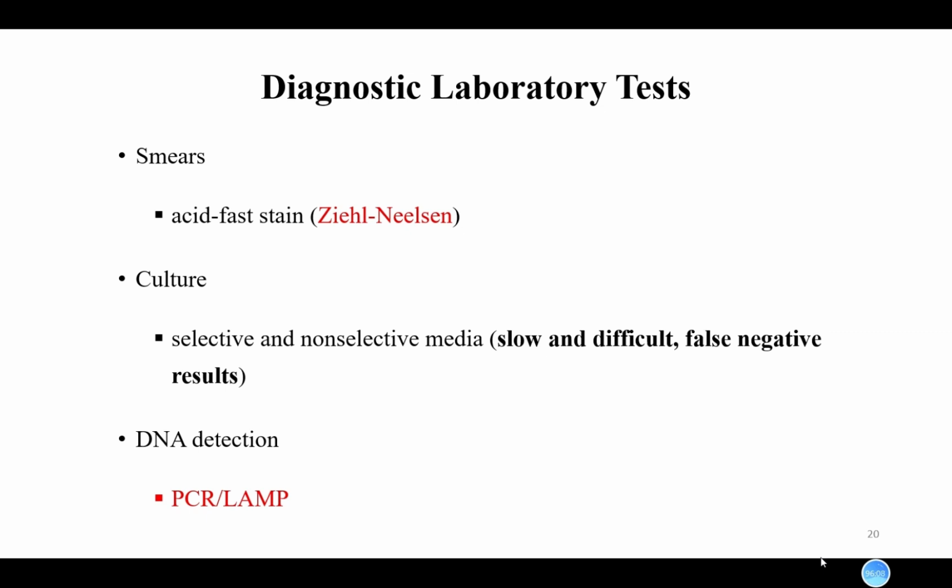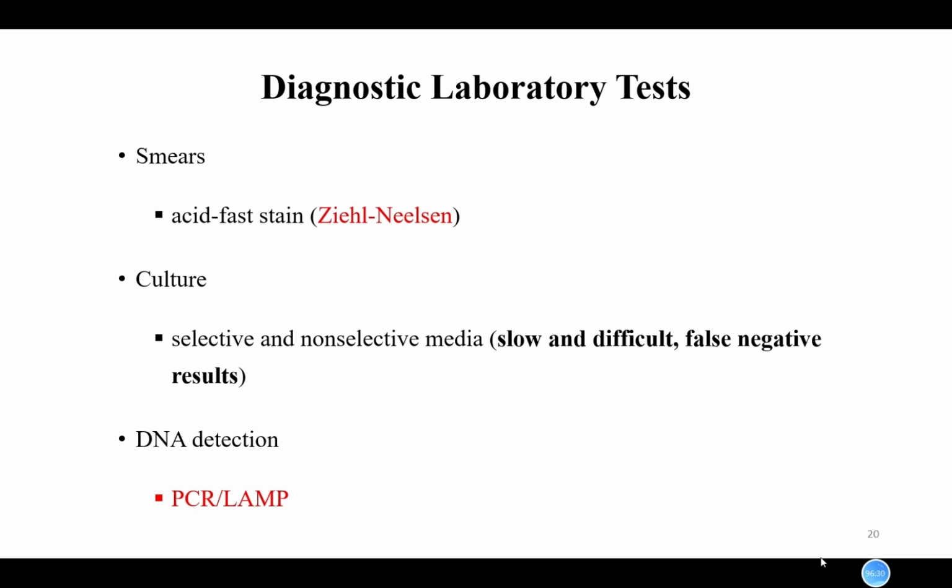And to culture it, I just want to let you know that because the bacteria grows so slowly, it's not easy to culture in the lab, especially from patient specimens. Usually, it turns out false negative. It contains bacteria, but you cannot culture it.